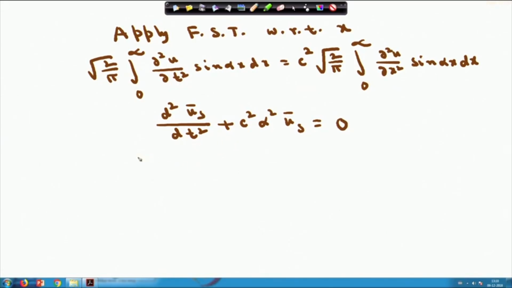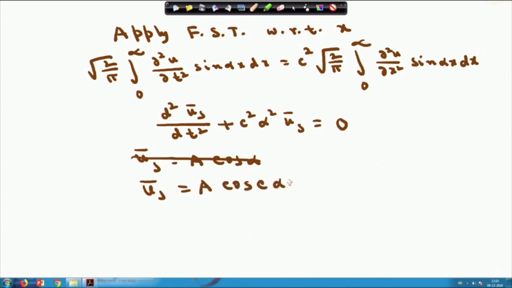So, the value of u bar s equals a cos of c alpha t, just like the earlier problem, plus b sine of c alpha t.